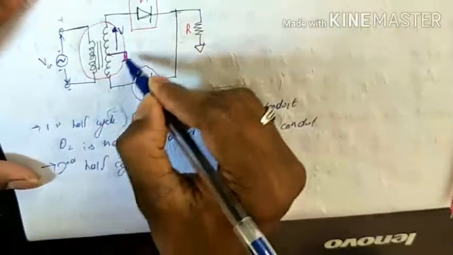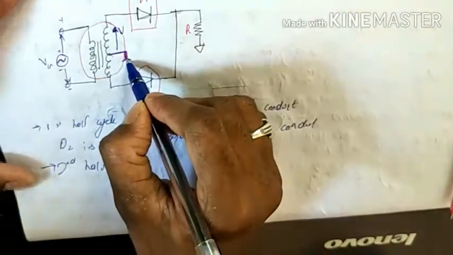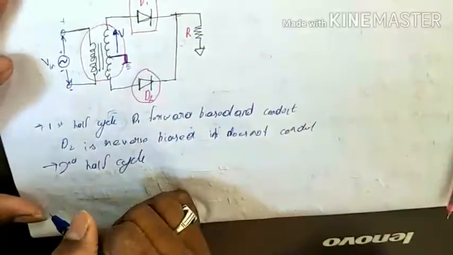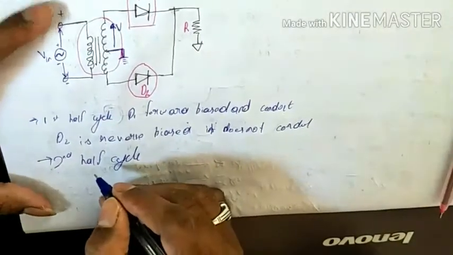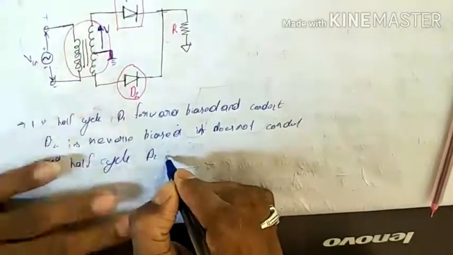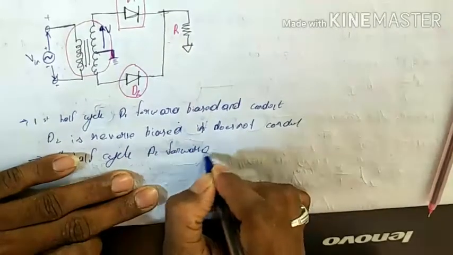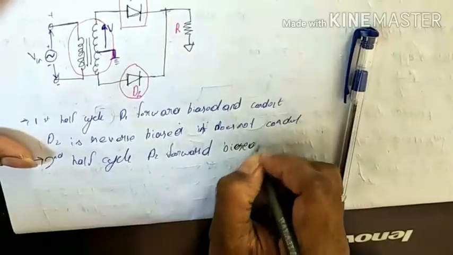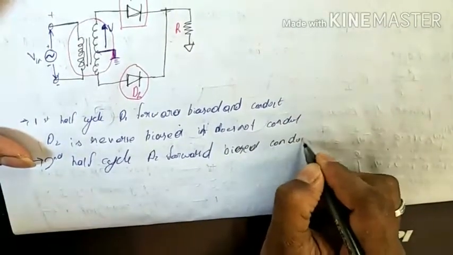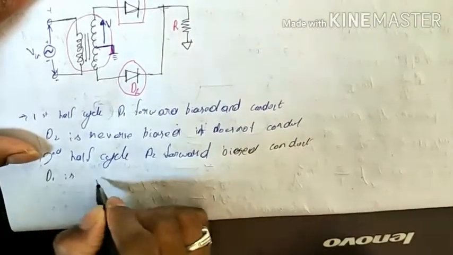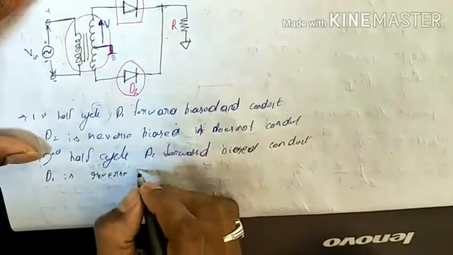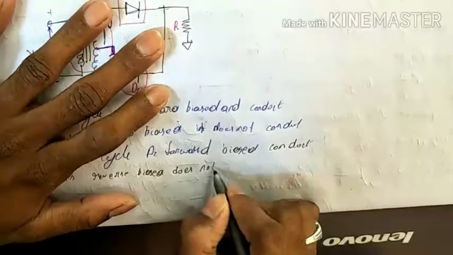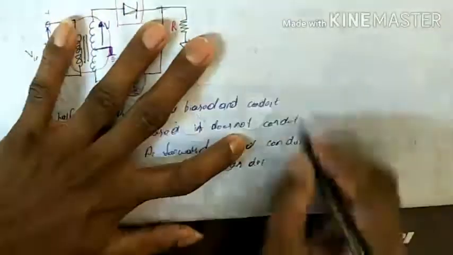Here we make sure that the center tapped transformer supplies current in both half cycles of the input voltage. For the second half cycle, D2 is forward biased and conducts, and D1 is reverse biased and does not conduct.